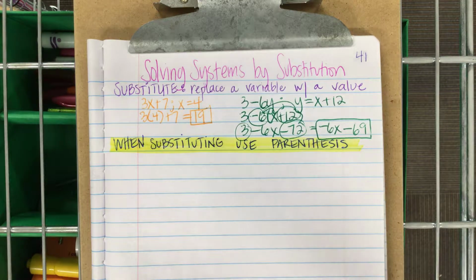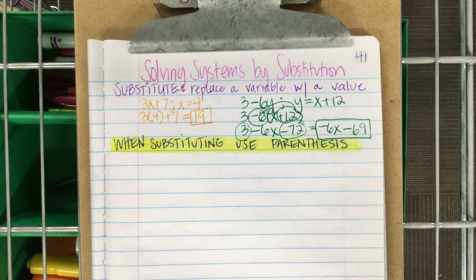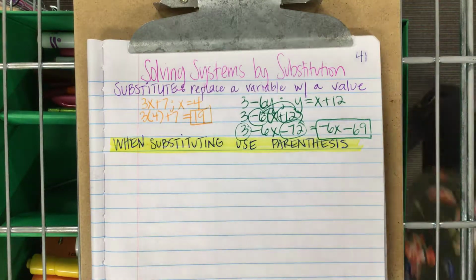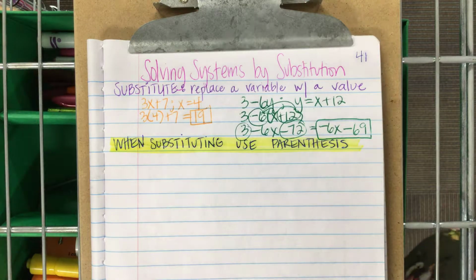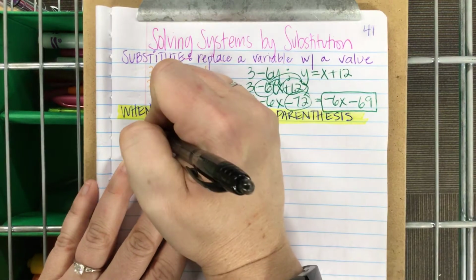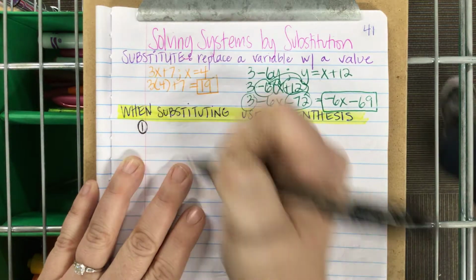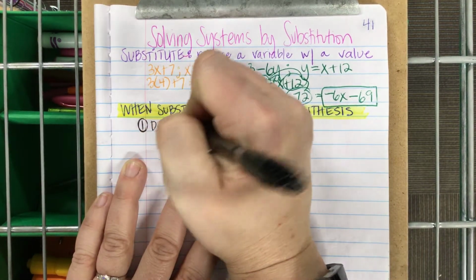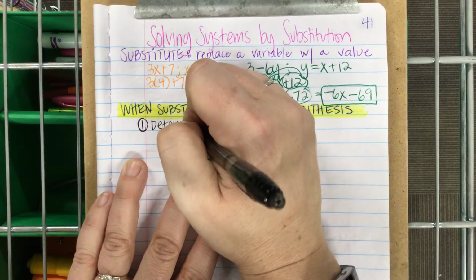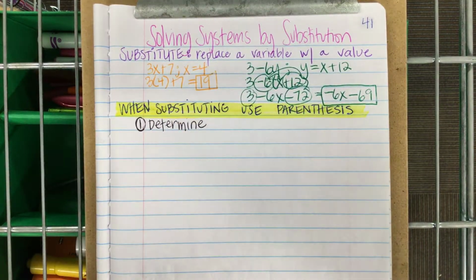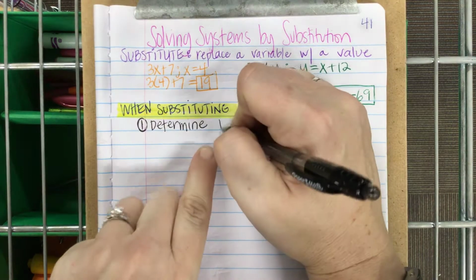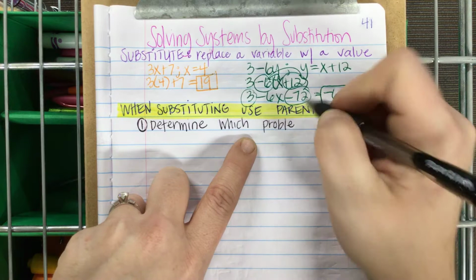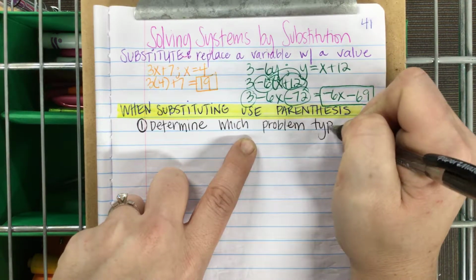All right, are you ready? There are 2 types of problems you will encounter today. 2 types. We're going to make a flow chart to show how to solve these problems today. The first thing you do, step number 1, is to determine which problem type.